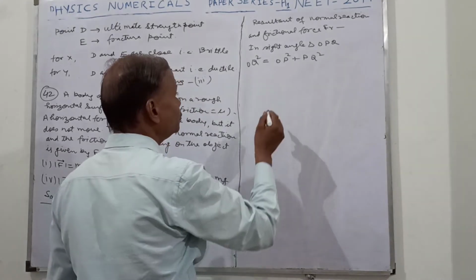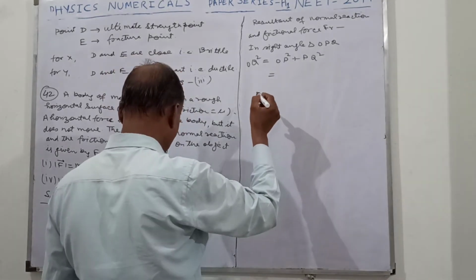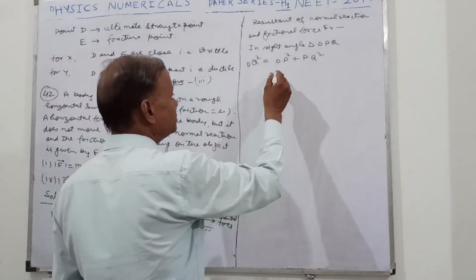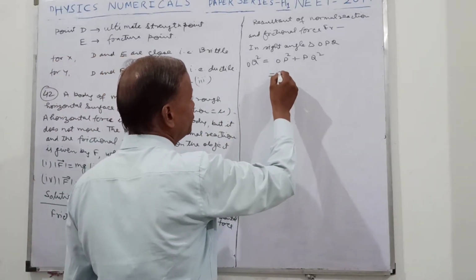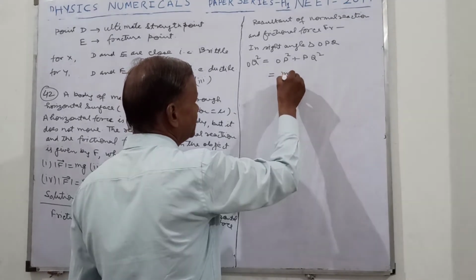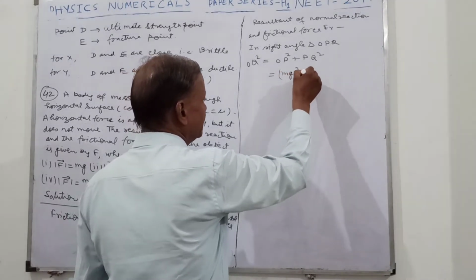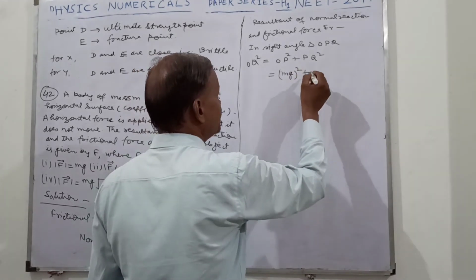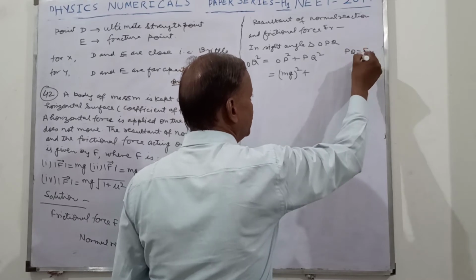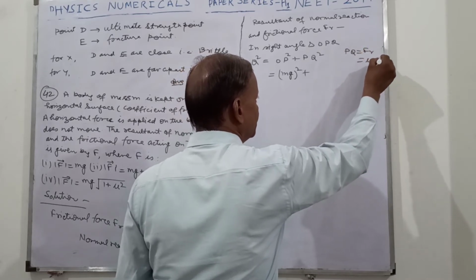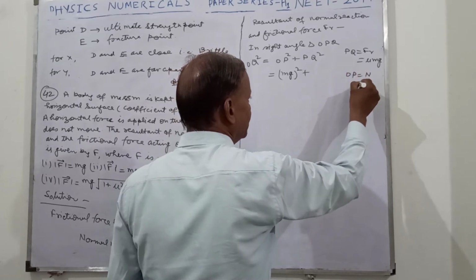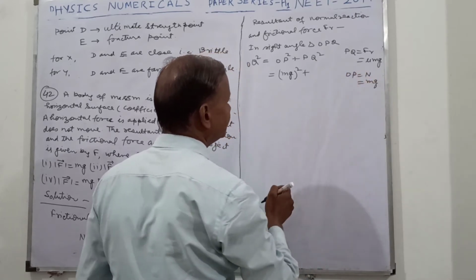OP is your normal reaction, Mg, and PQ equal to Fr equal to mu Mg.